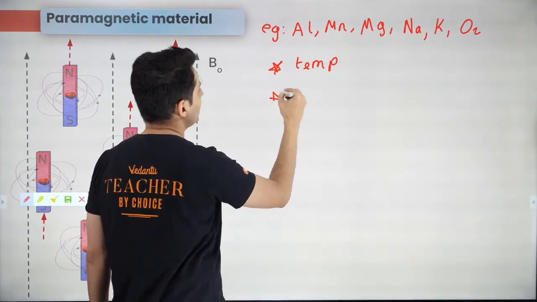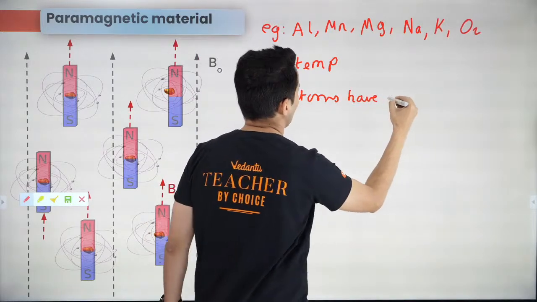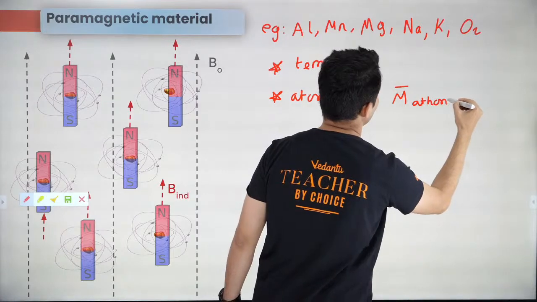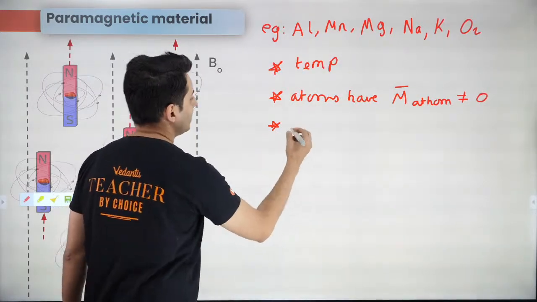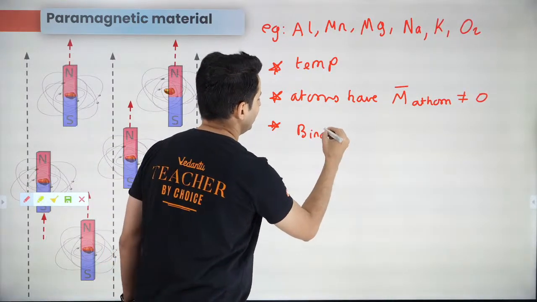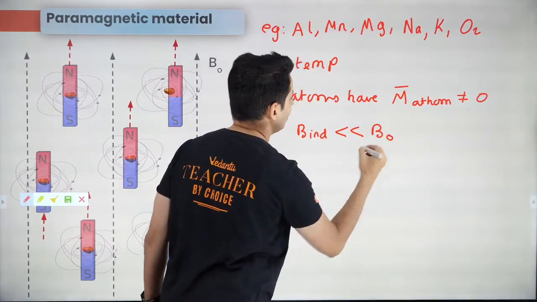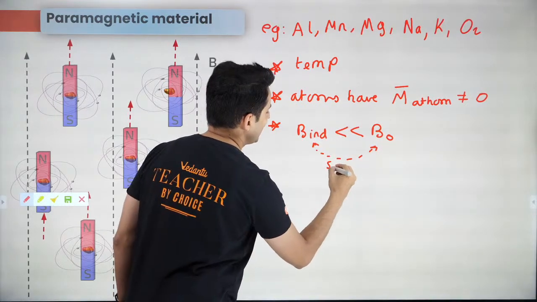Very important. Here, atoms have magnetic moment. So there is a magnetic moment for the atom and it is not zero. Okay. And again, the next thing, the induced magnetic field is very less. It's not so large, guys, as compared to the external field. And these both are in the same direction.